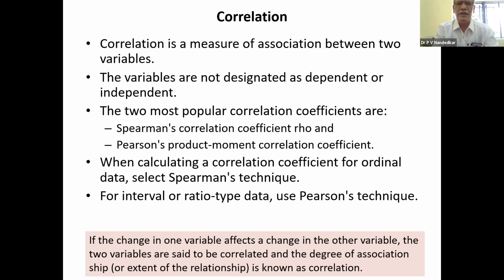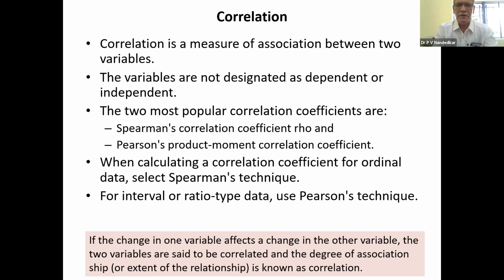So the variables are not simply designated as dependent or independent. They are measured together for each of the individuals. And these two correlations, namely Spearman's correlation coefficient, called rho, and Pearson's product moment correlation, or r, are the ones usually measured.